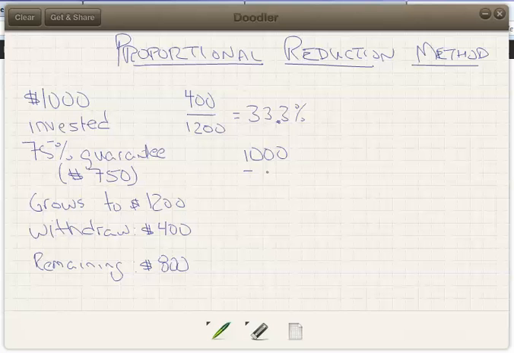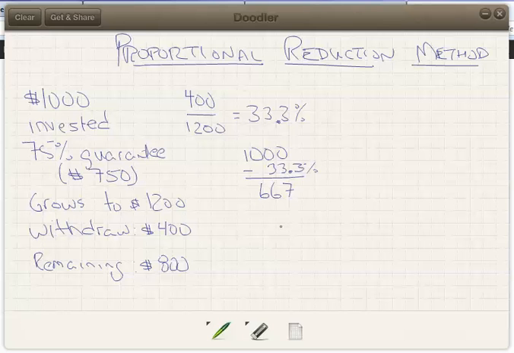And if they've reduced the amount invested by 33%, then we're going to reduce their guarantee by that same 33%. So now we're going to base the guarantee on $667.